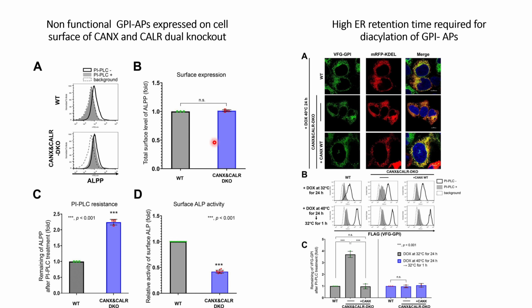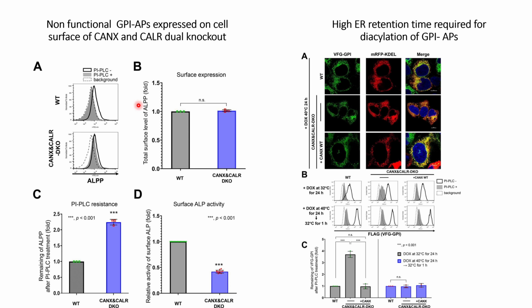So from these experimental results, they come to the conclusion that non-functional GPI-APs are expressed on the cell surface of this Calnexin calreticulum dual knockout. However, in the wild type, these are functional GPI-APs expressed on the cell surface.